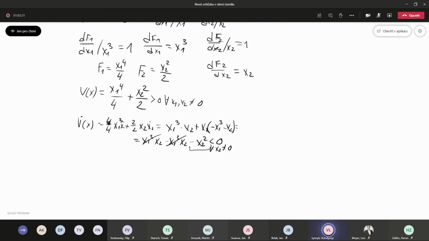If x2 equal to 0, then x2 dot equal to 0, and from x2 dot equal to minus x1 cubed minus x2, if x2 equal to 0 and x2 dot equal to 0, then x1 cubed equal to 0 too.